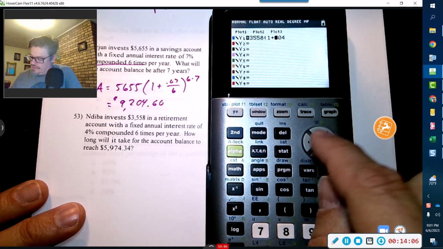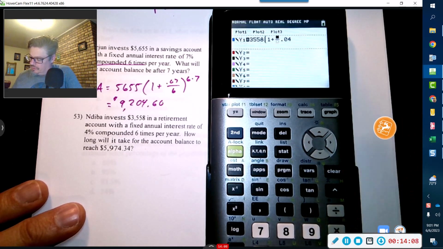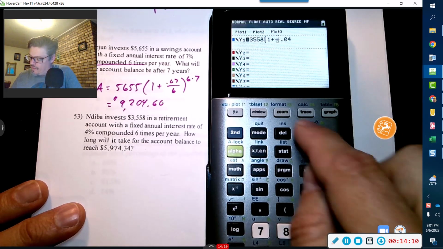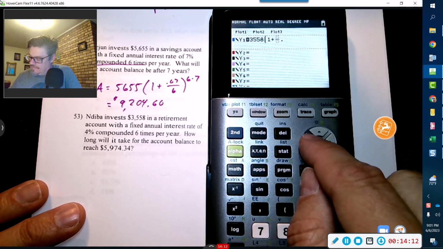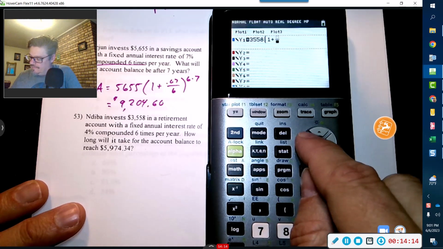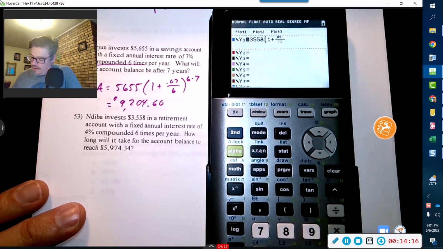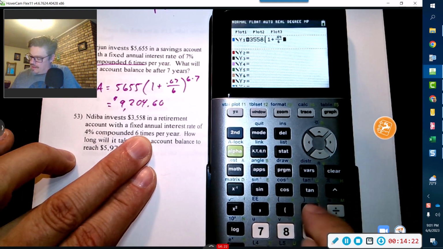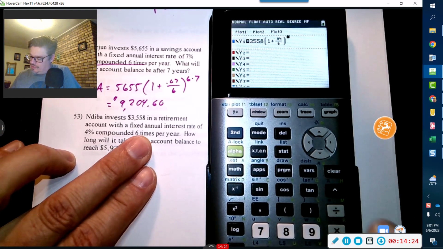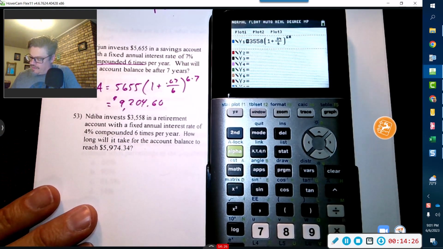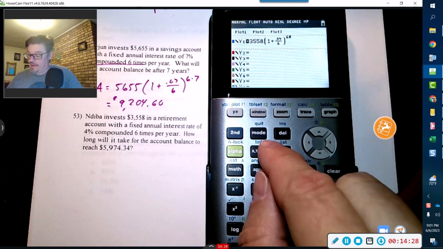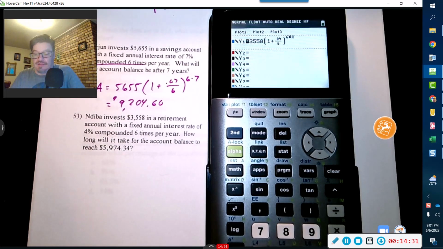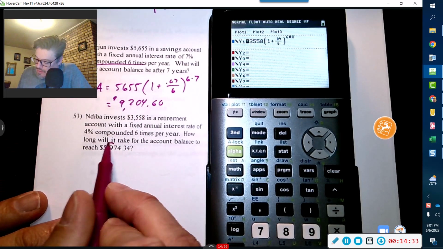Let's do the fraction bar. 0.04, and we're going to do this 6 times a year. Then parentheses, raise it to the 6 times what? We don't know, so we put an X. We don't know when it's going to equal this number right here.